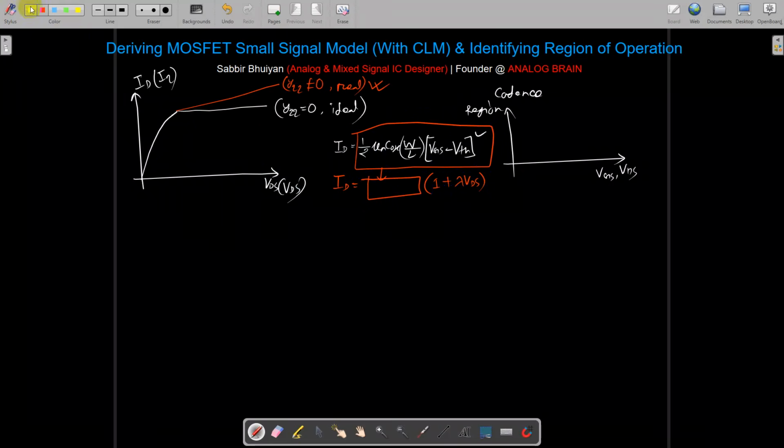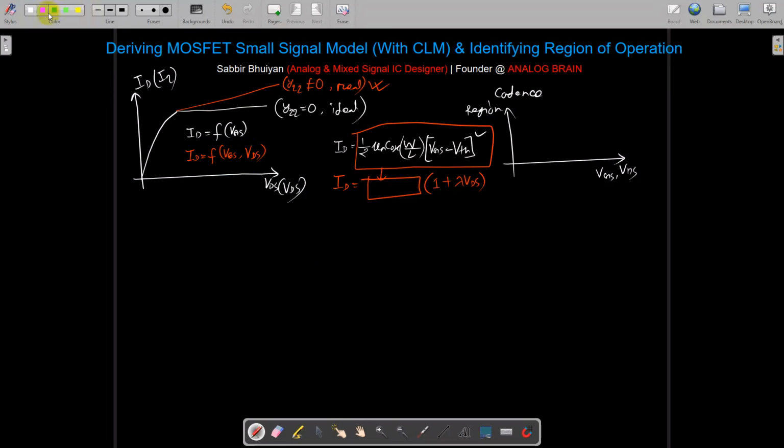So for the ideal one, we can say ID is a function of only VGS, your first port voltage. But for the real one, ID is a function of VGS and VDS.